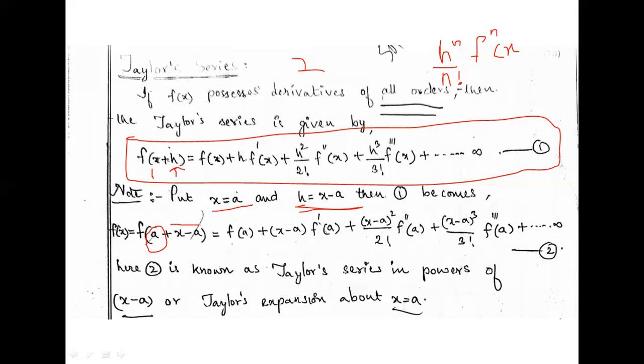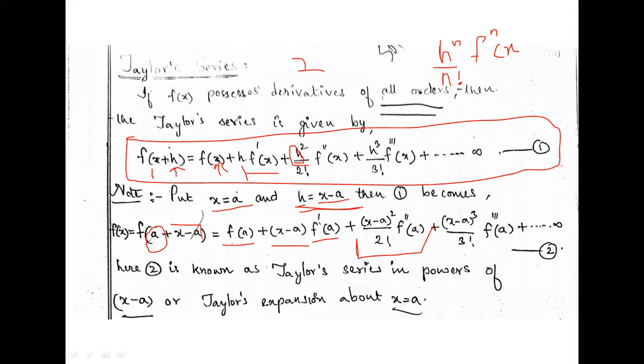X minus a. Now, instead of this x, we are going to write a: f of a plus. Instead of this h, we are going to write x minus a. Then instead of f dash of x, we are going to write f dash of a. Then instead of h square, we are going to write x minus a whole square by 2 factorial, which will remain the same. F double dash of x, instead of this x, we are again going to write a.